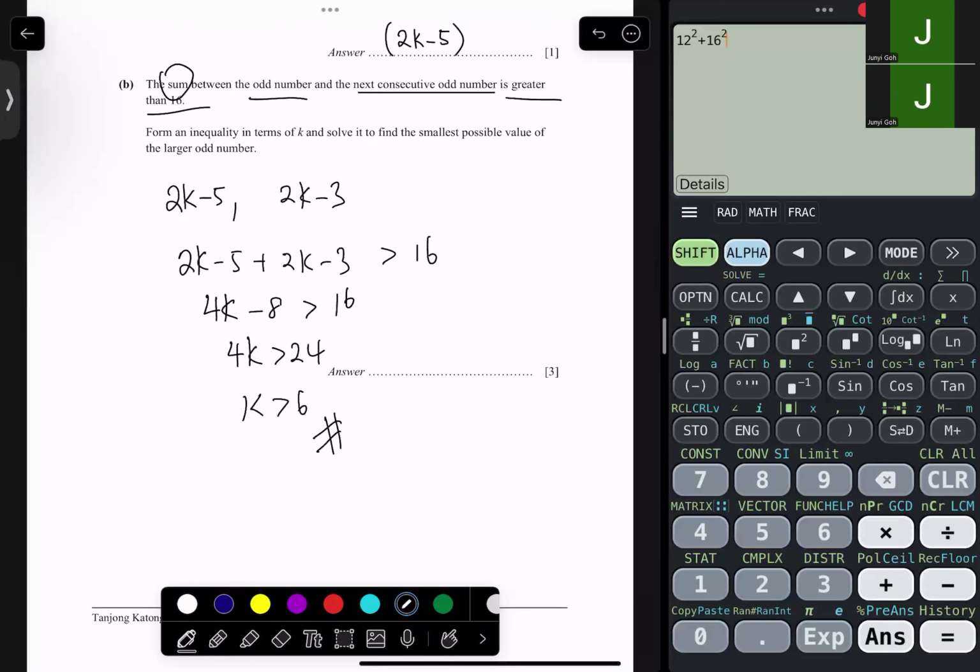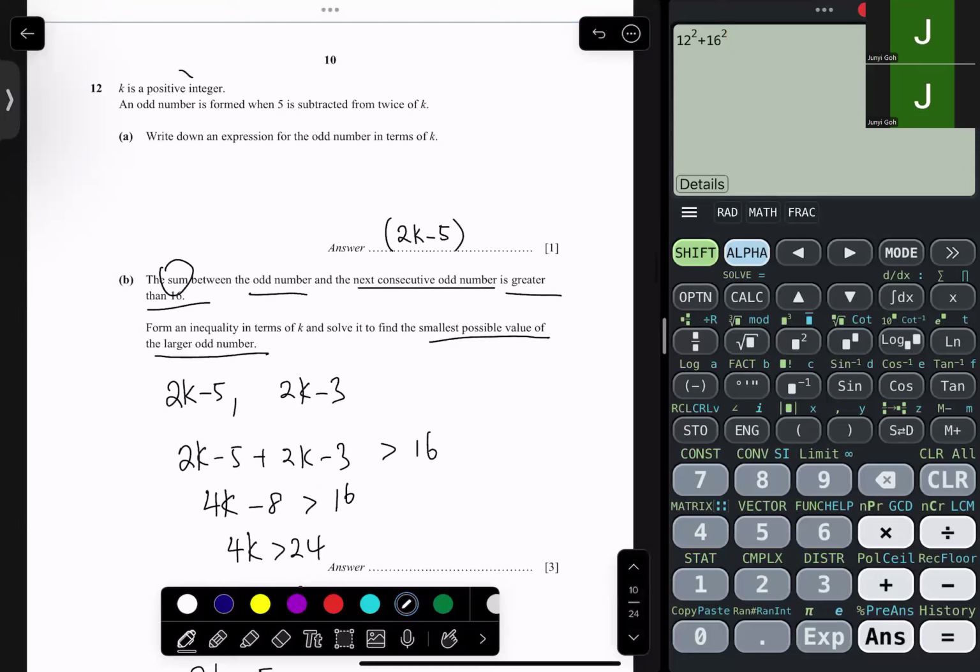And find the smallest possible value of the larger odd number. So 2k minus 5 would then be, because k is greater than 6, k cannot be 6. But k must be a positive integer. An odd number is formed when 5 is subtracted from twice of k.